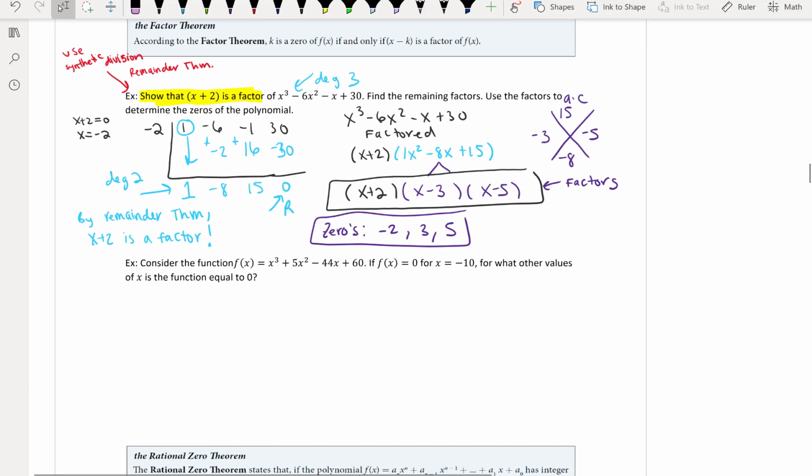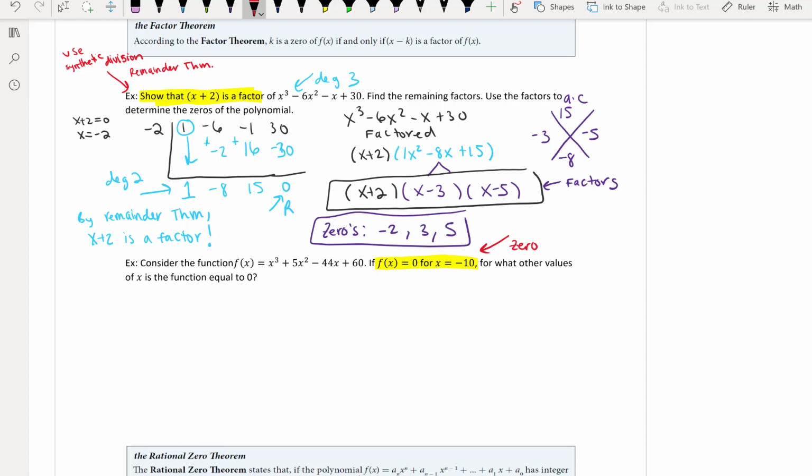So the next example. Consider the function f of x. If f of x is equal to 0, for x is equal to negative 10, for what other values of x is the function equal to 0? So the fact that it's specifically telling us that it's equal to 0 when x is equal to negative 10, then this is going to give me a 0.